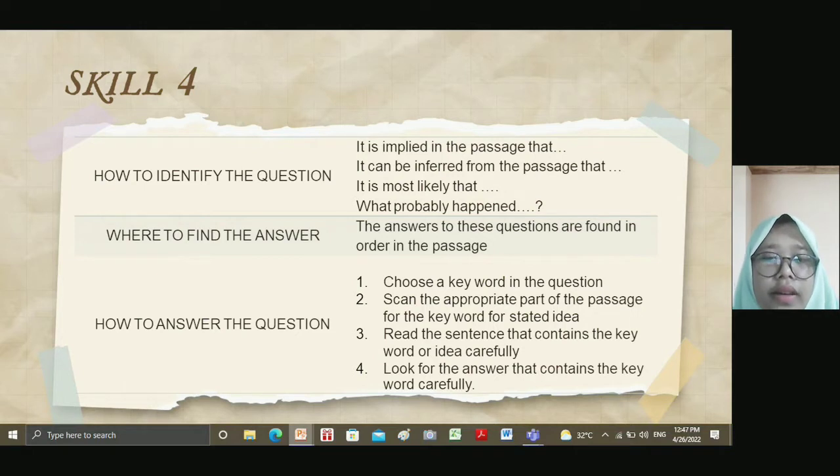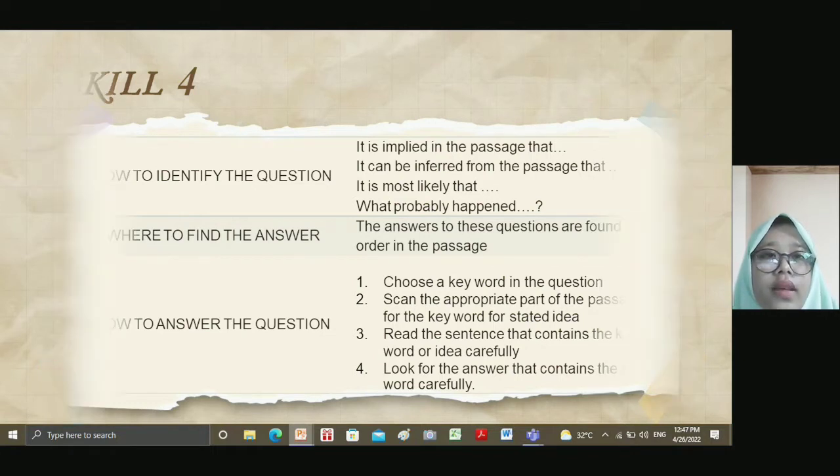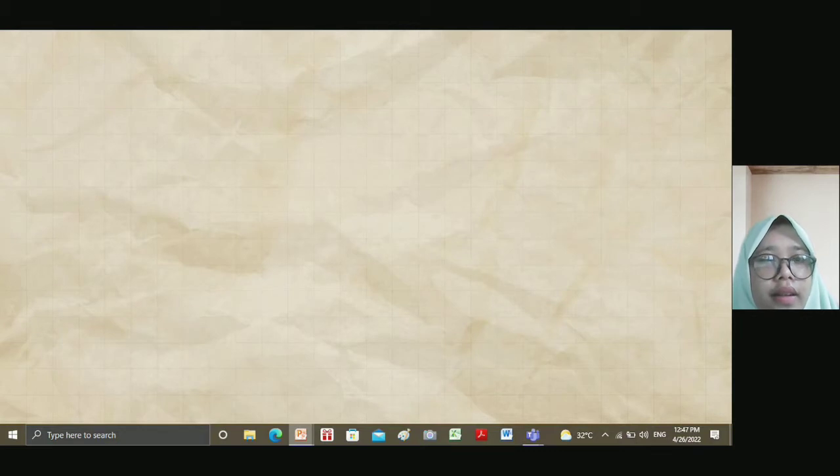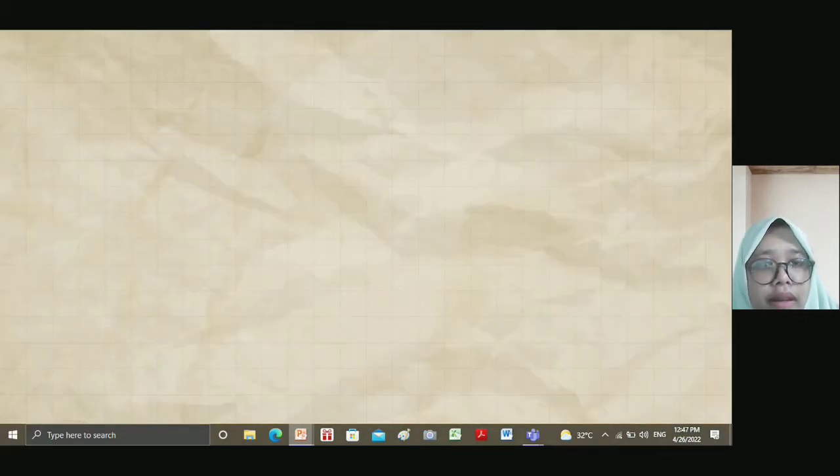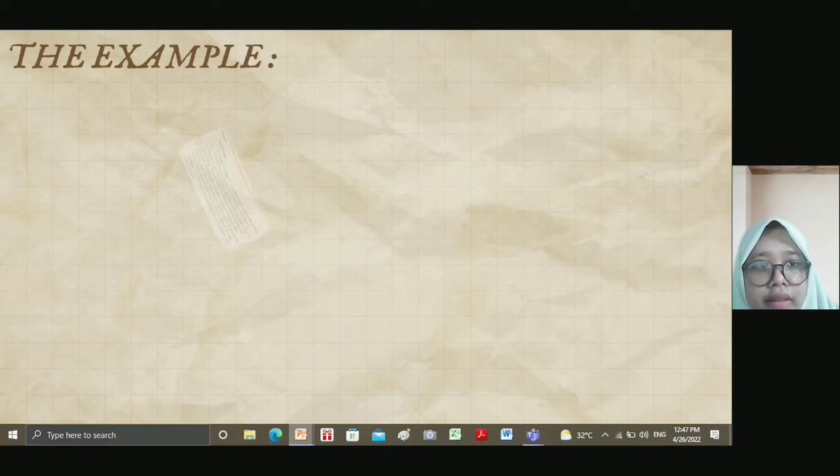Number 3, read the sentence that contains the keyword or idea carefully. And last, number 4, look for the answer that contains the keyword carefully. Next, let me give you an example, and let's read together.